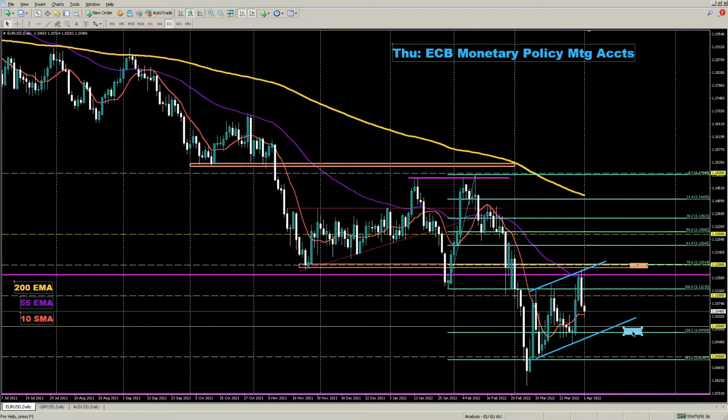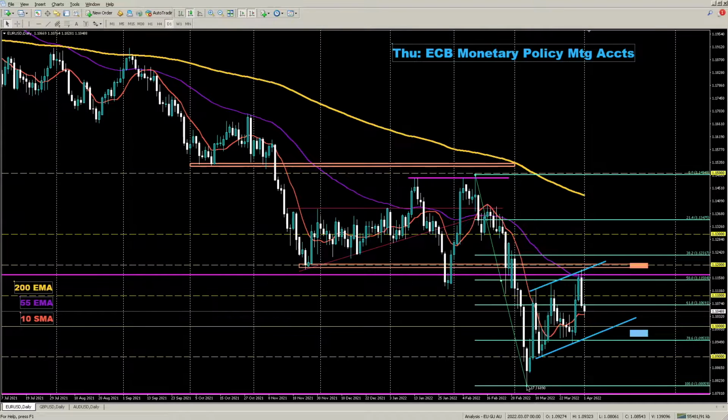Let's move this slightly away. Okay, so we can either change this fib. We can take the whole swing move now, and this retracement back up to the 50 fib already.